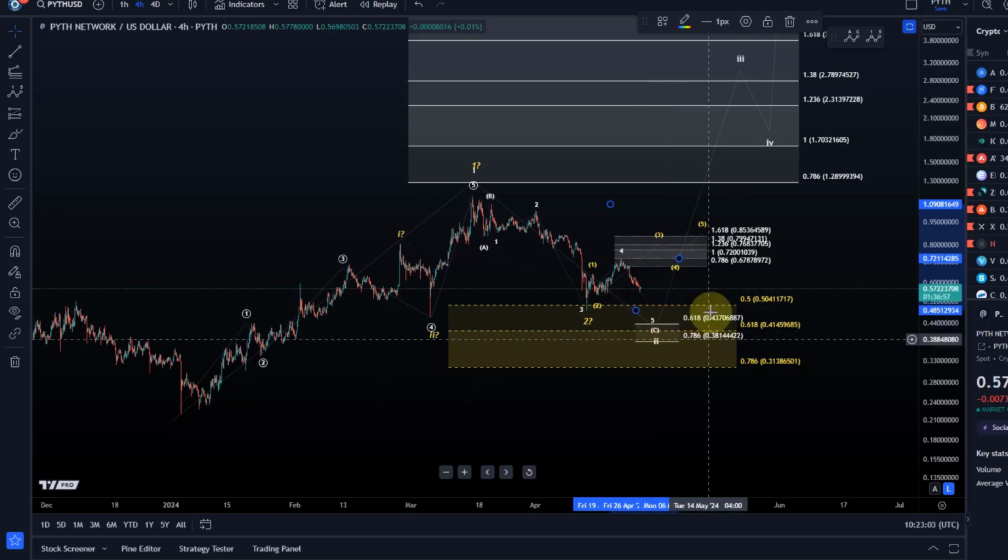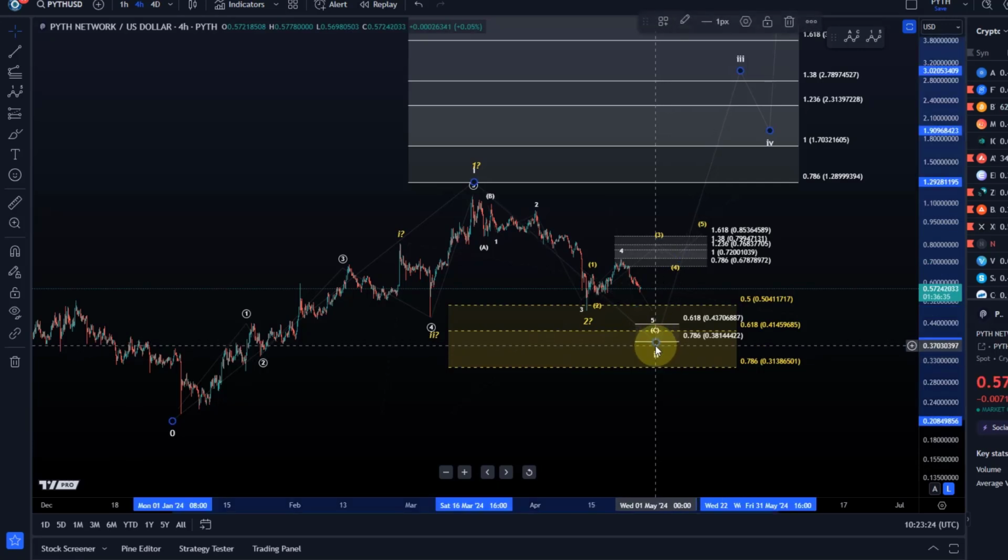It also overlaps this area here with the 61.8 retracement. So we have 43.7 cents as the 61.8 extension. Very common target for a 5th wave. Maybe if it extends a bit, the 78.6. That's well within the overall yellow support region, which is relevant for the entire wave 2 correction. And it's just an additional area to watch, really.